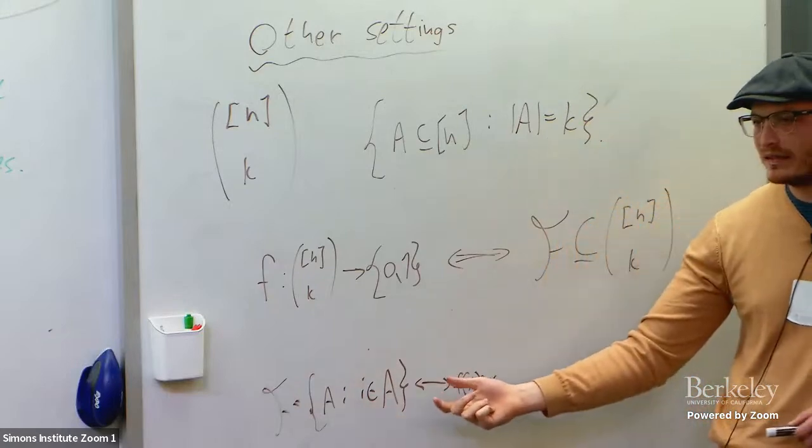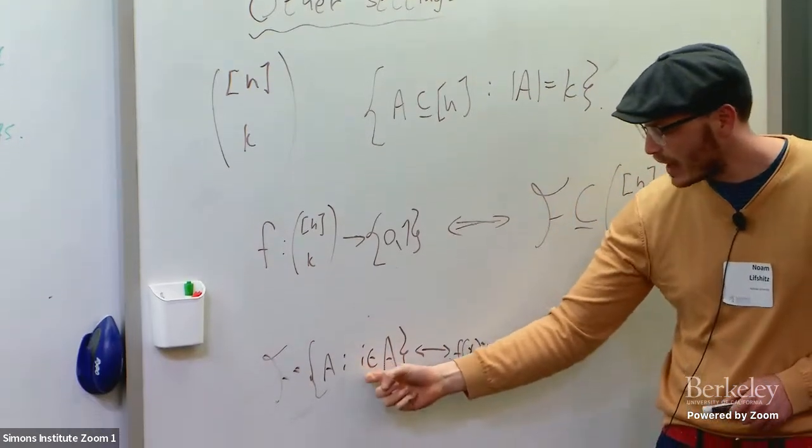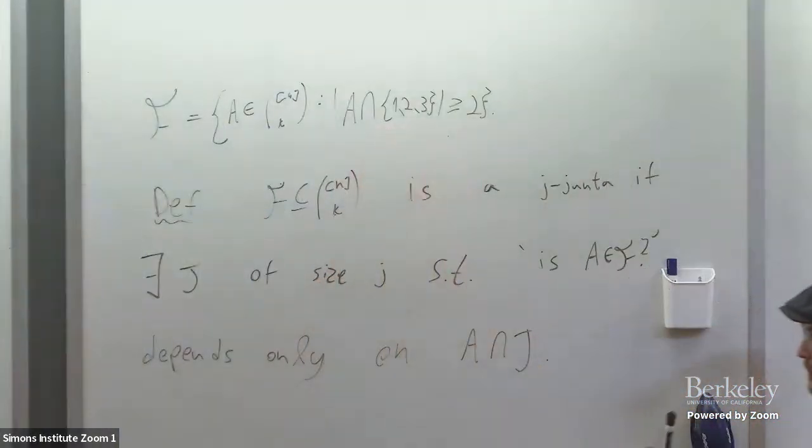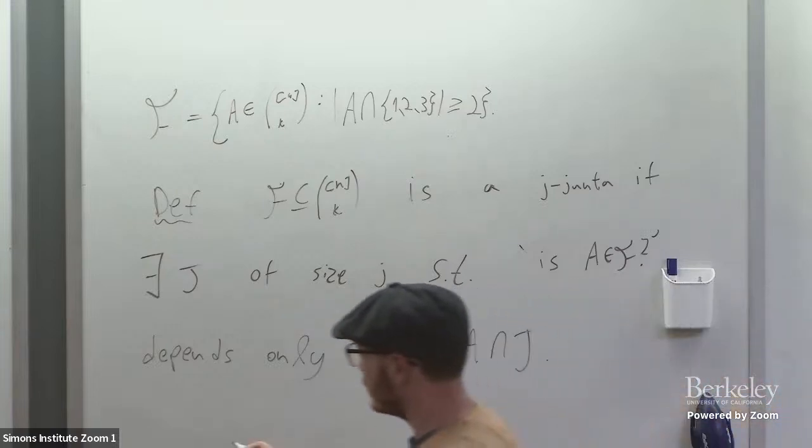If we wanted to know whether a set belongs to F, we just needed to check whether i belongs to A or not. Here it's the same thing with 3 elements. And that's the notion of a J-Junta for set systems, for families of sets.